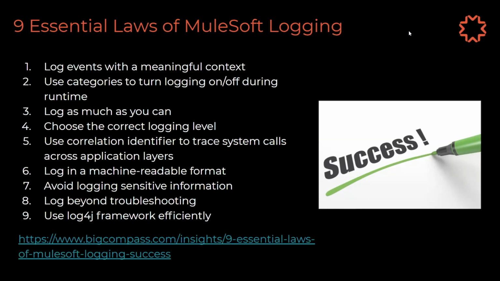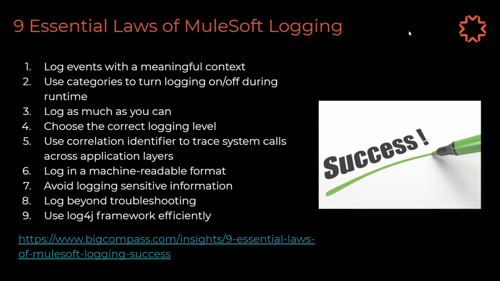Use the correct logging level. MuleSoft follows the Apache level standard, all the way from fatal down to any. Most people tend to stick with info, but you could, of course, add or modify your logging as necessary. Laura showed you how you can use a correlation identifier, either at the instance level, or to show the flow of a message from your experience API through your process APIs to your system APIs, so you can correlate the whole transaction.